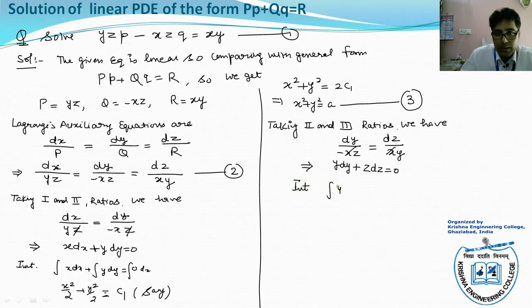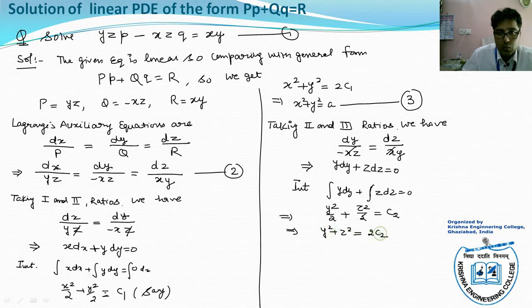Integrating, again integrate y dy plus z dz is equal to 0. So we get y square by 2 plus z square by 2 plus again a constant c2, so multiply 2 throughout the equation, we get y square plus z square is equal to 2c2. That means this is again a constant, let us suppose b, say.